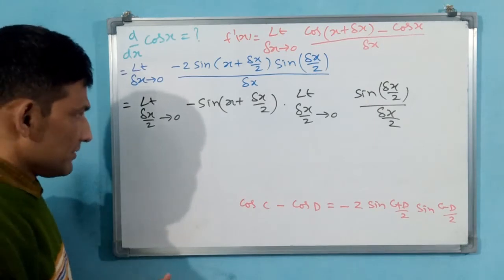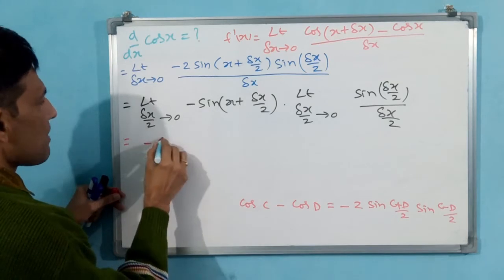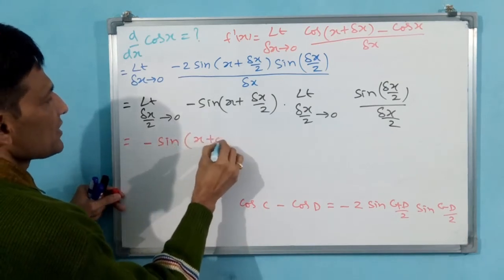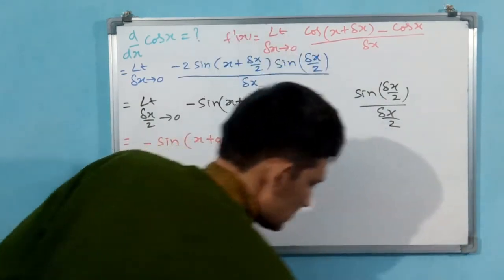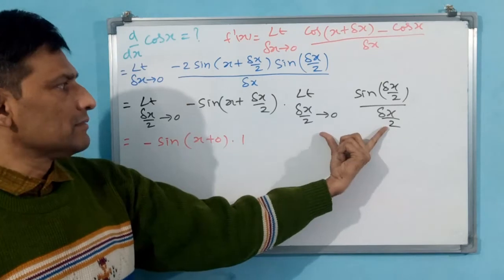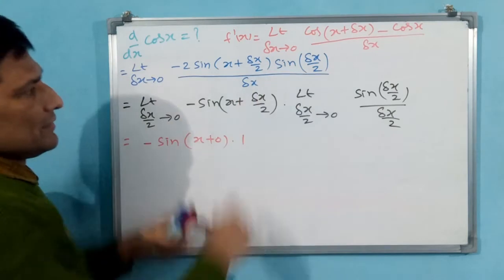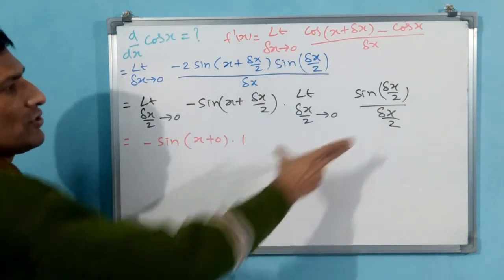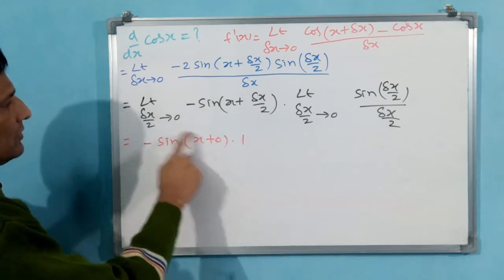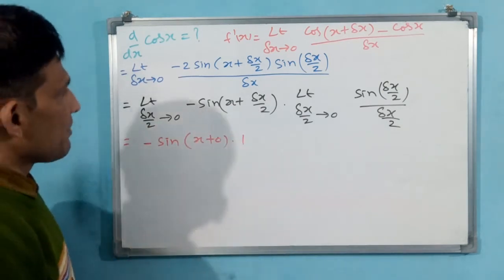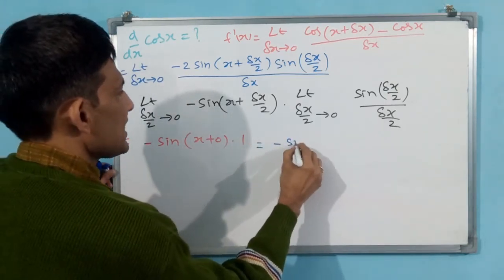Apply the limit: minus sin x plus 0, into 1. Why? Because this value is 1, and I have split the multiplication. Here it is minus sin x, but delta x by 2 is 0 when I apply the limit. Into 1 means the same, that is equal to minus sin x.